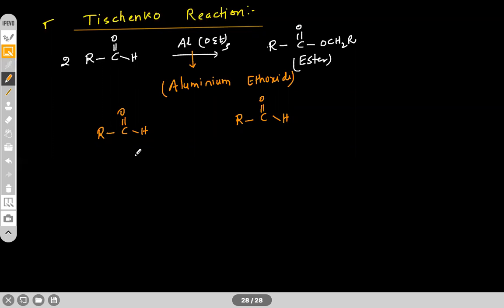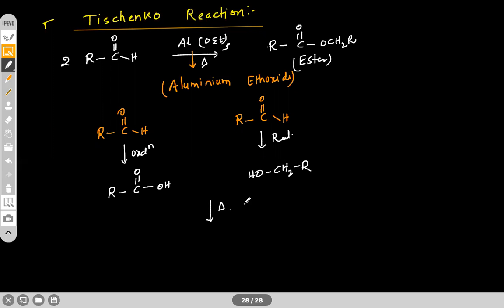So what you do, you write down the oxidized product of the one and the reduced product of the other one. One oxidation, other one reduction. So aldehyde on oxidation gives acid. Aldehyde on reduction gives alcohol, right? So OH CH2 R. After this, we are heating this also.